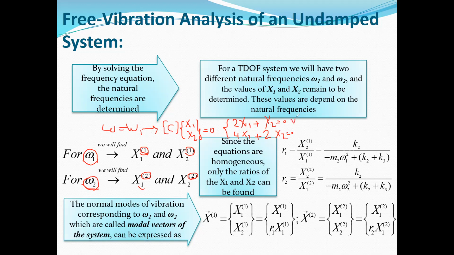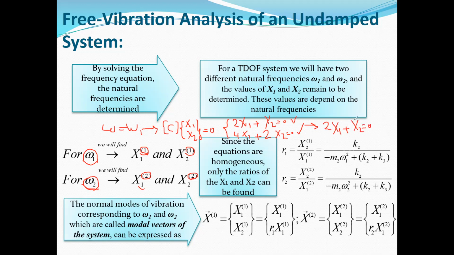If you compare these two algebraic equations, you will see both of them are the same. Only the second equation is multiplied by 2. I mean, the first equation is equal to the second equation, and only the second equation is multiplied by 2. So from these two equations, you can extract only one, and it's equal to this equation: 2 multiplied by x1 plus x2 is equal to 0.